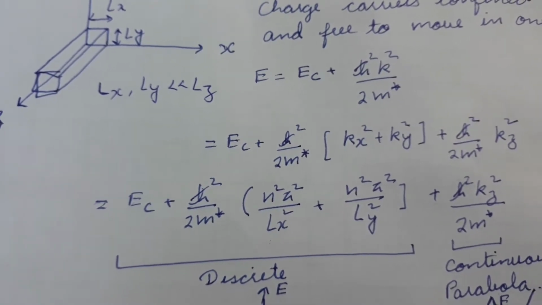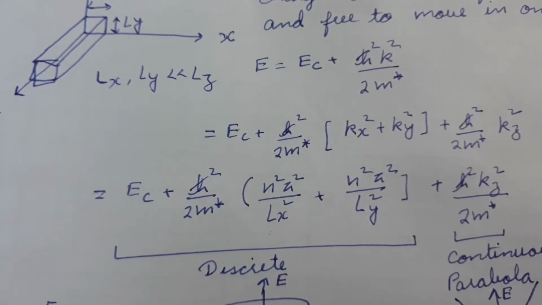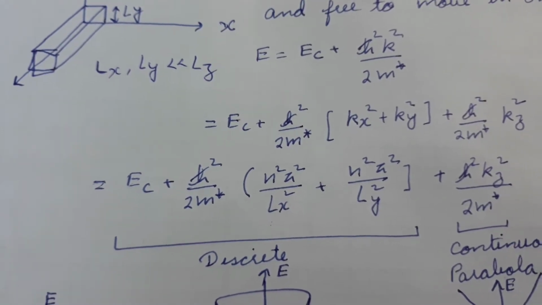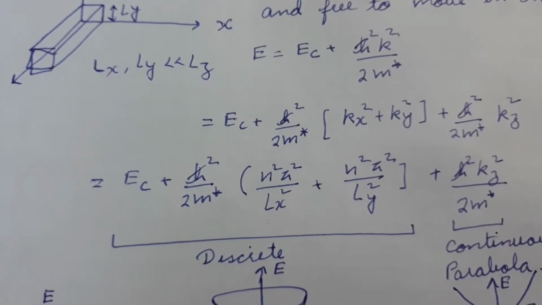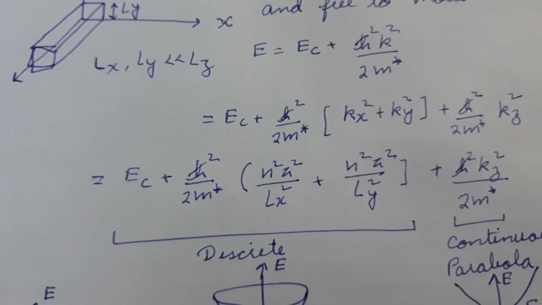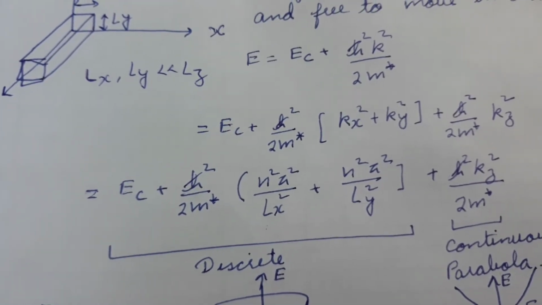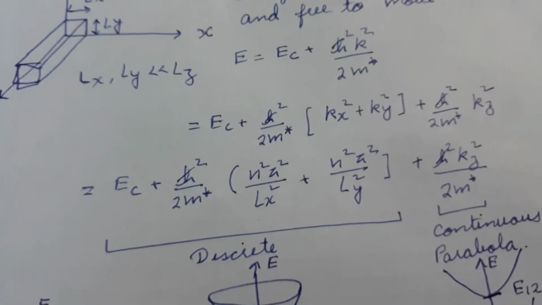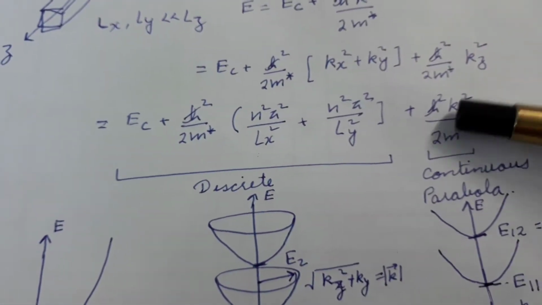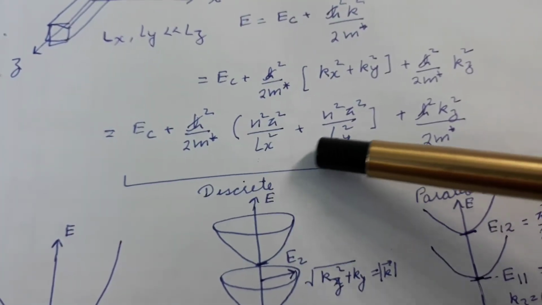Therefore, because of this quantization, the k values will have discrete values, while in the z direction k will have a continuous distribution. So this energy spectrum is a one-dimensional parabolic dispersion relation, because it will give you a parabola in the z direction, while in x and y direction it is quantized.